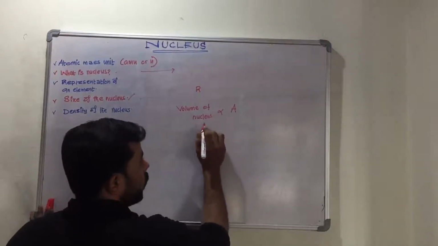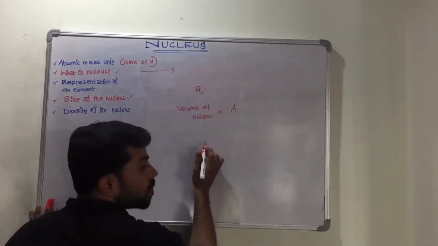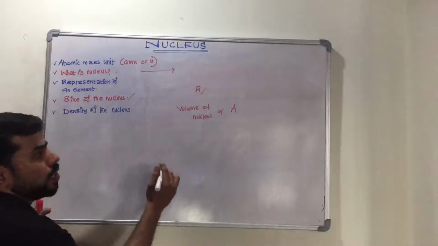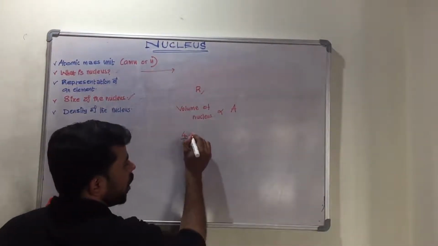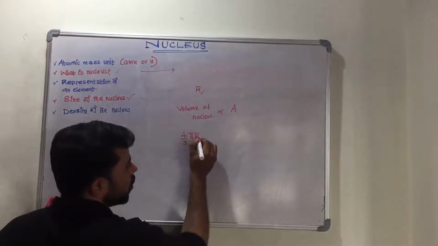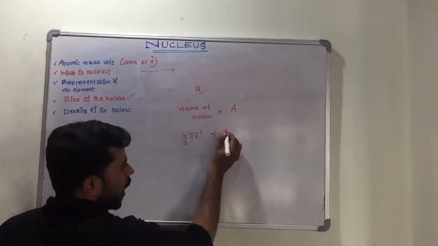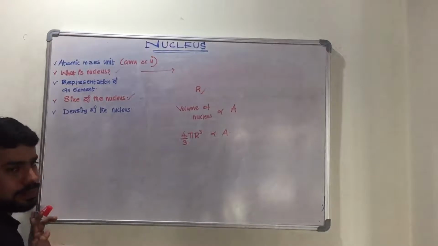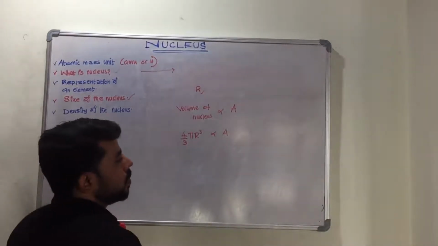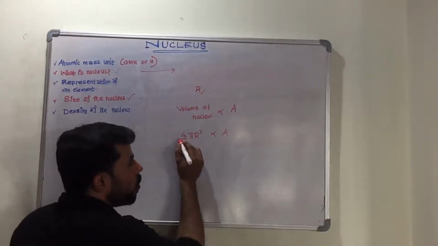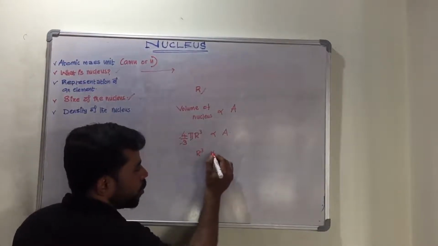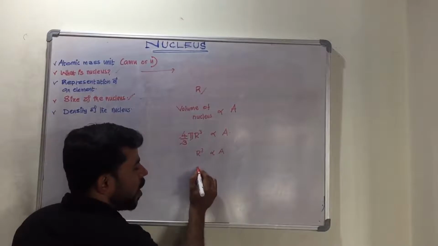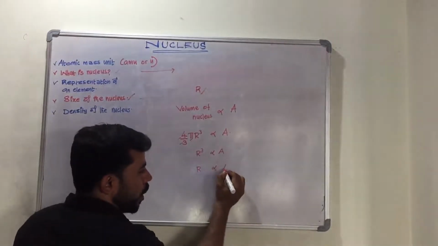Then we consider that the nucleus is spherical in shape. Then the volume of the nucleus is given by 4/3 pi r cubed, which is proportional to A, where A is the mass number. Since 4/3 pi is constant, r cubed is proportional to A, or r is proportional to A raised to 1/3.